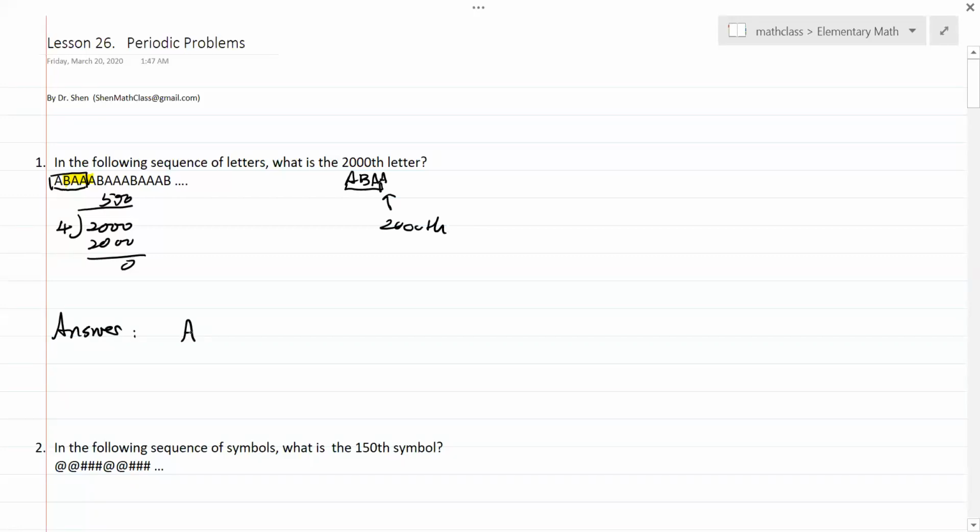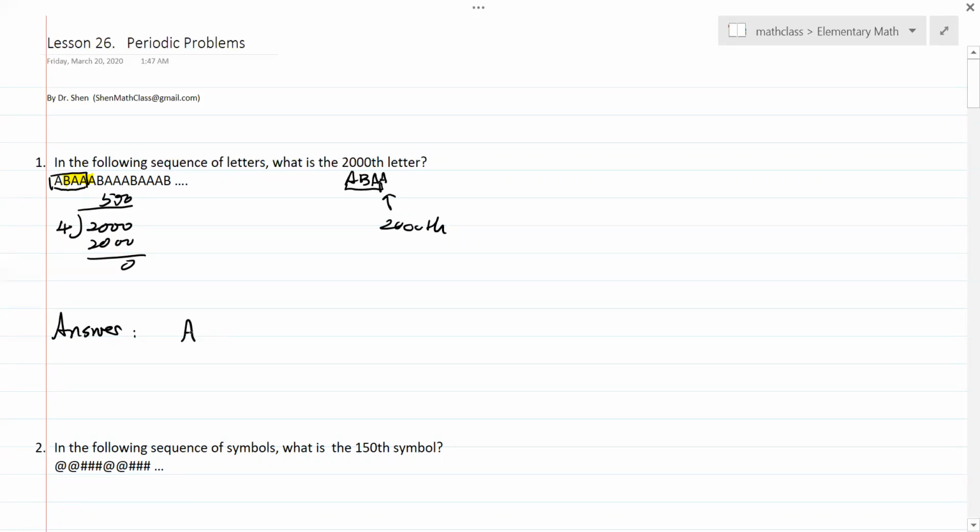Got it? So the idea is to find the block in the sequence that appears periodically. Then if you are given the number 2000, you divide 2000 by 4, if the block contains 4 letters.